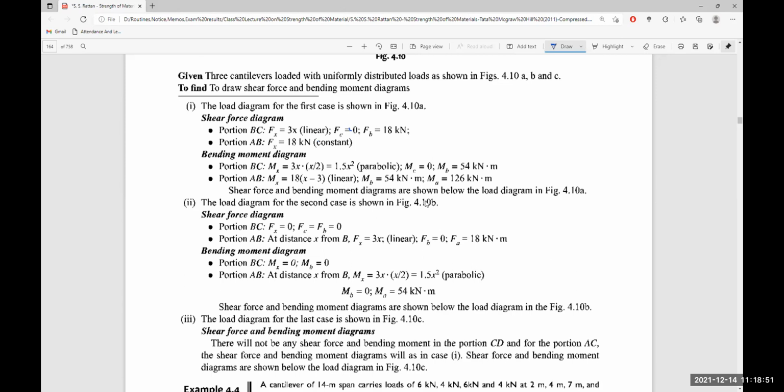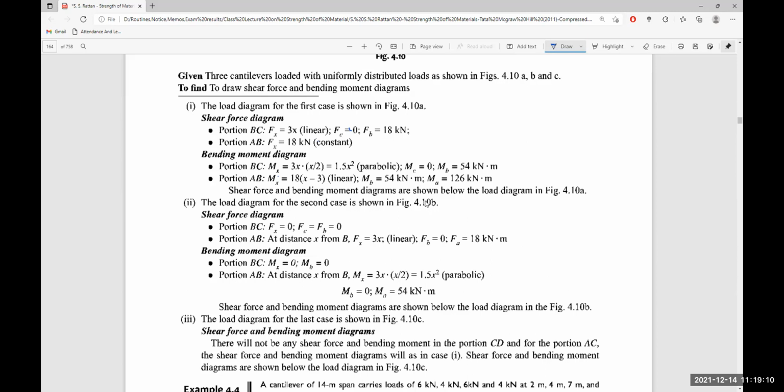Bending moment diagram, portion BC: Mx is equal to 3 into x multiplied by x by 2, which is equal to 1.5 x square. The distributed load is equal to 3 into x, because 3 is the intensity and x is the distance, and it acts at a distance of x by 2.